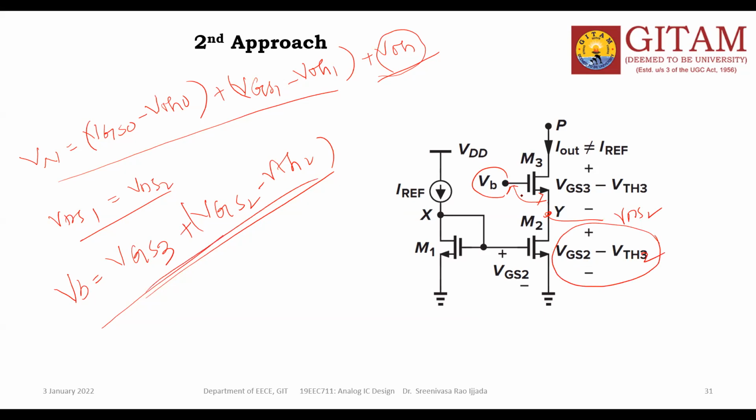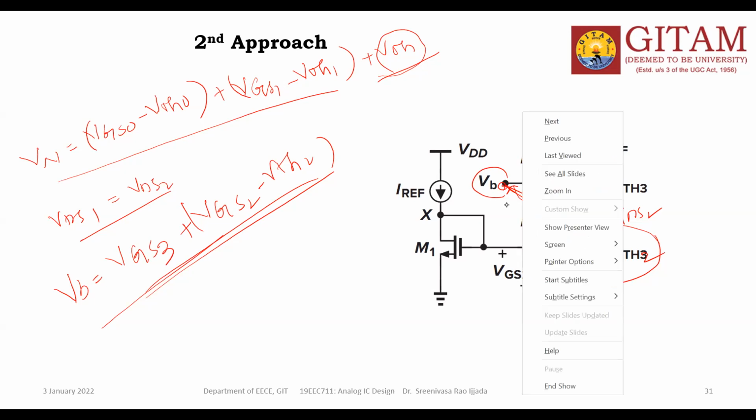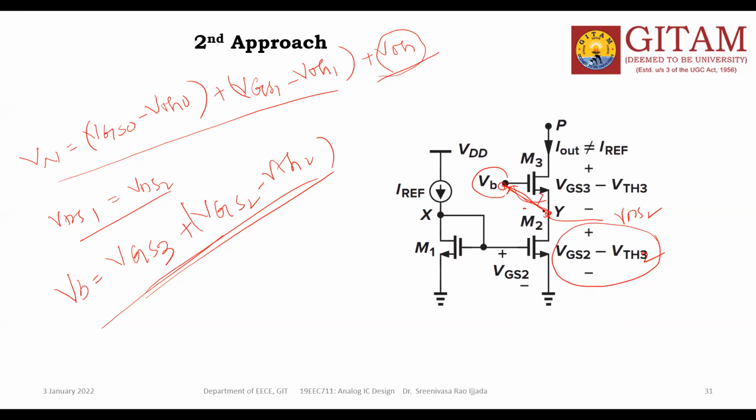I am writing the KVL expression from here to here. Here is VB. In between these two terminals is VGS2, VGS3, and at this point the voltage is VY. Got my point? That holds only if VDS2 is around one overdrive voltage, VGS2 minus VTH2.